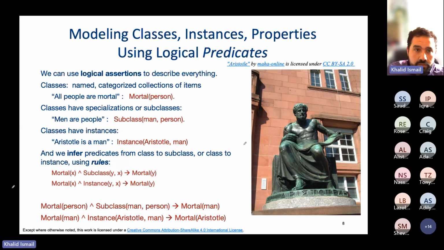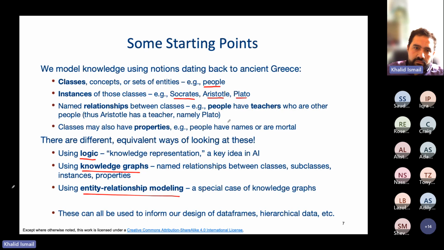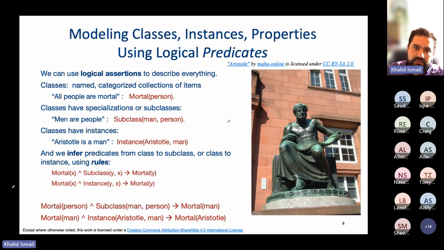All right, so the first way is basically modeling classes, instances, and properties using logical predicates. We can use something called logical assertions to simply describe everything.